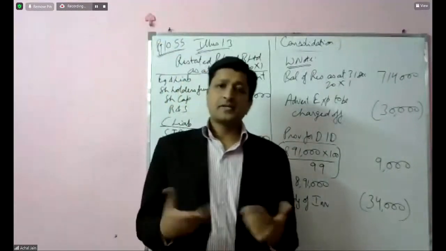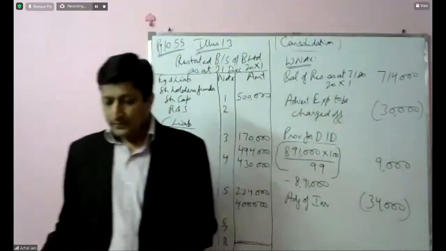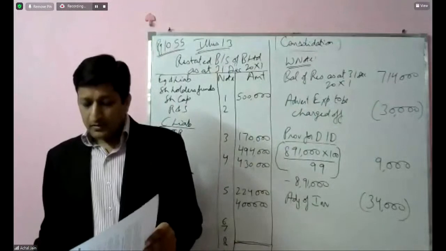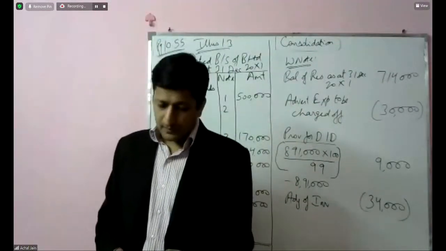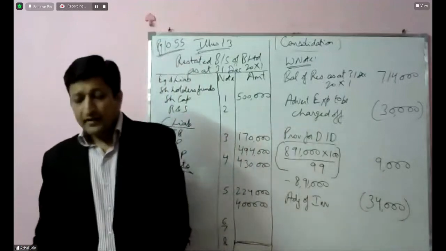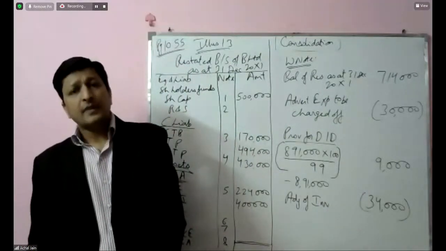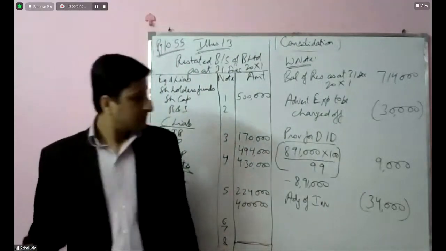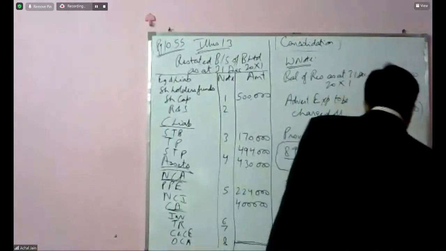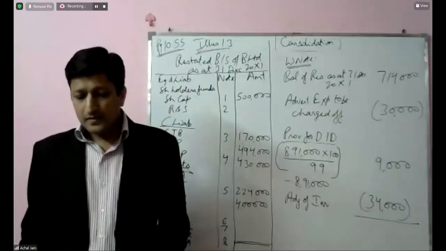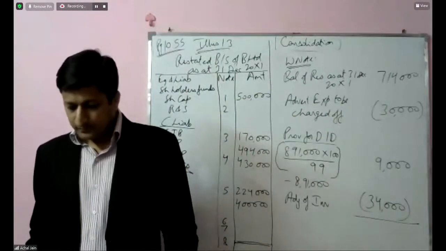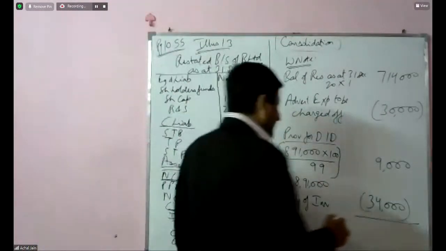What will happen? Its impact will go away. Clear on this? So that's why we are not making any adjustment for the sale. So we get the revised amount of reserves: 6,59,000.